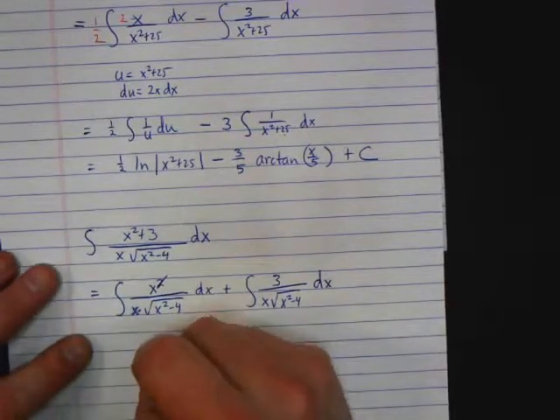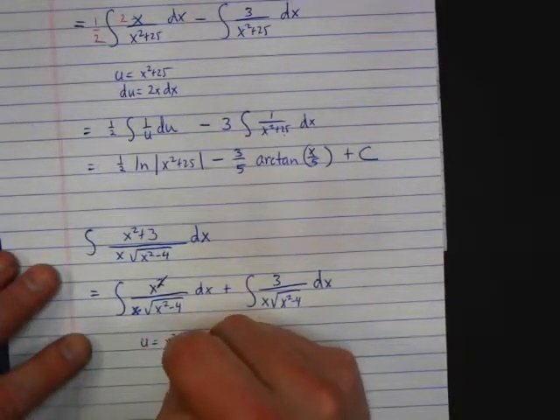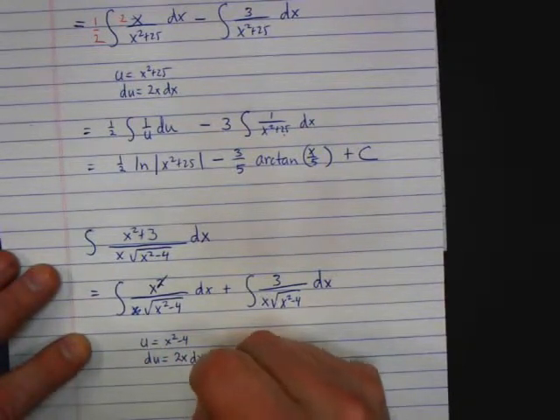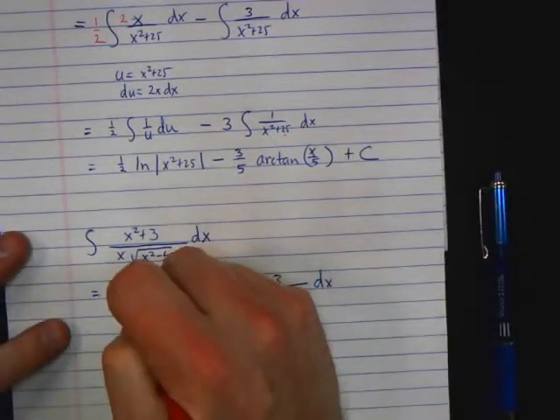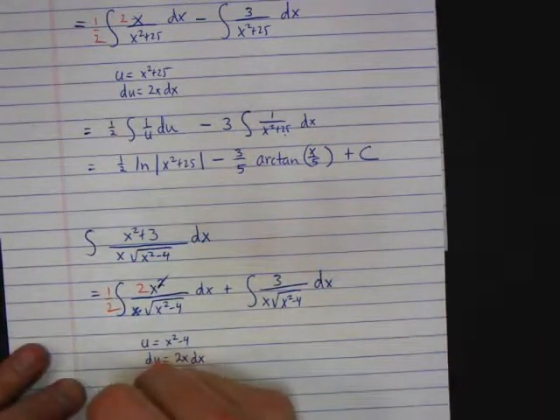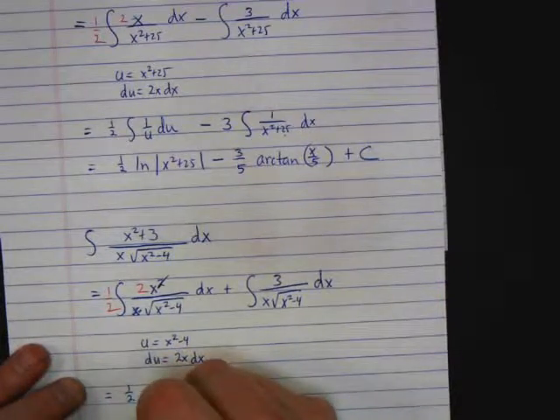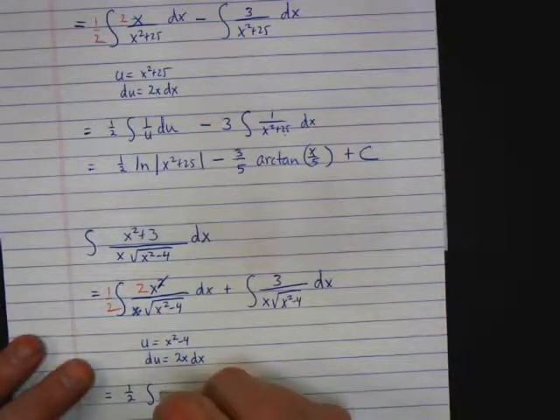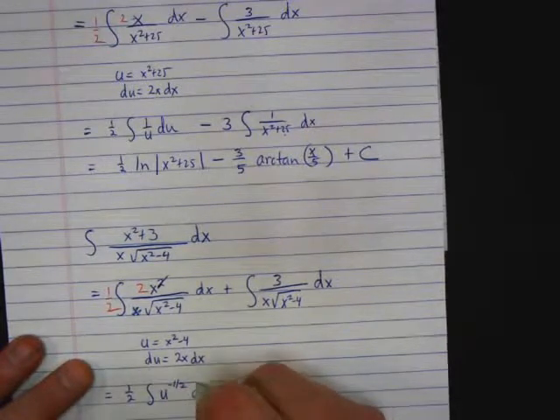So this is the u subproblem. u equals x squared minus 4. du is 2x dx. Again, I need a 2 there, which means I need a 1/2 there. That becomes 1/2 the integral, I'm going to write it this way, u to the negative 1/2 du.